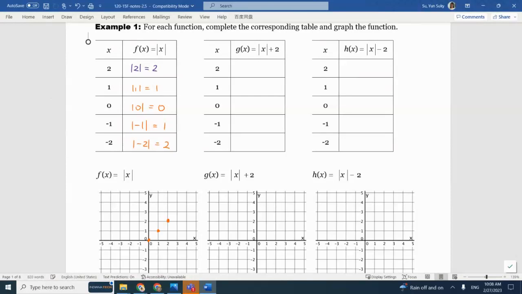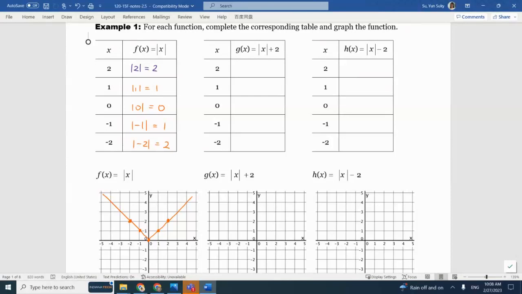And 0, 0. X is minus 1, y is 1, which is this point. And negative 2, 2. So that's why we get a V shape. This is the graph of absolute value of x.